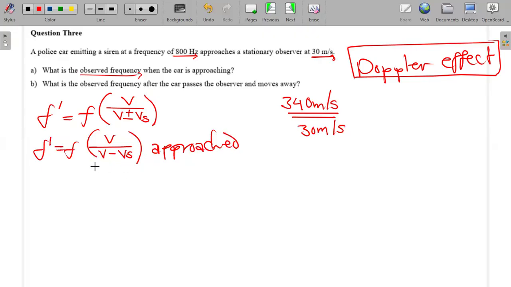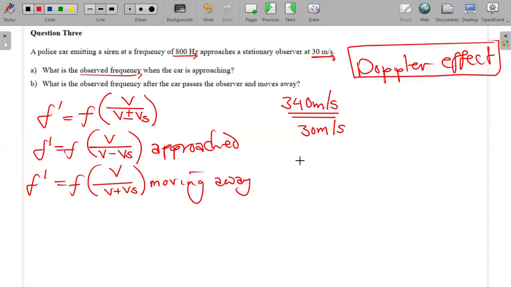If the source is going away from you, there's a change in this equation, which means the observed frequency will be the source frequency times V over V plus Vs. Just say if the source is moving away from the observer. This is how these equations actually work.